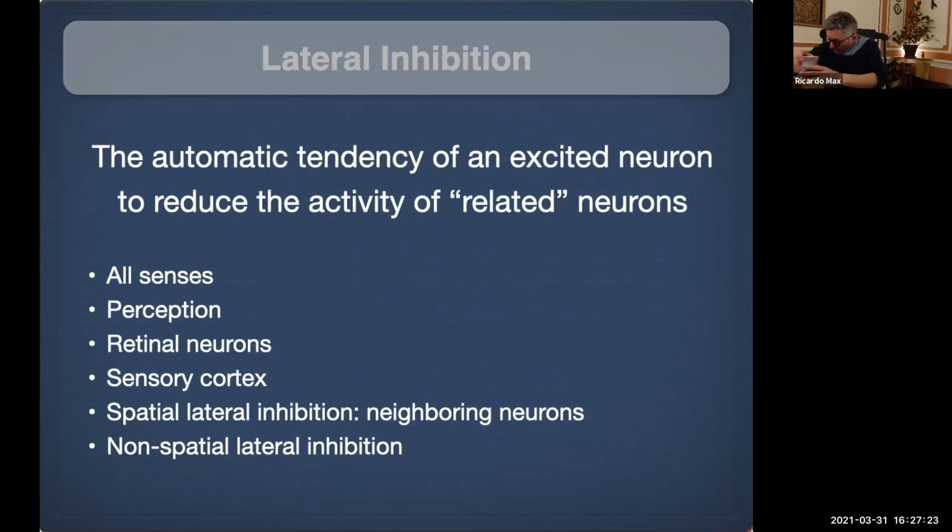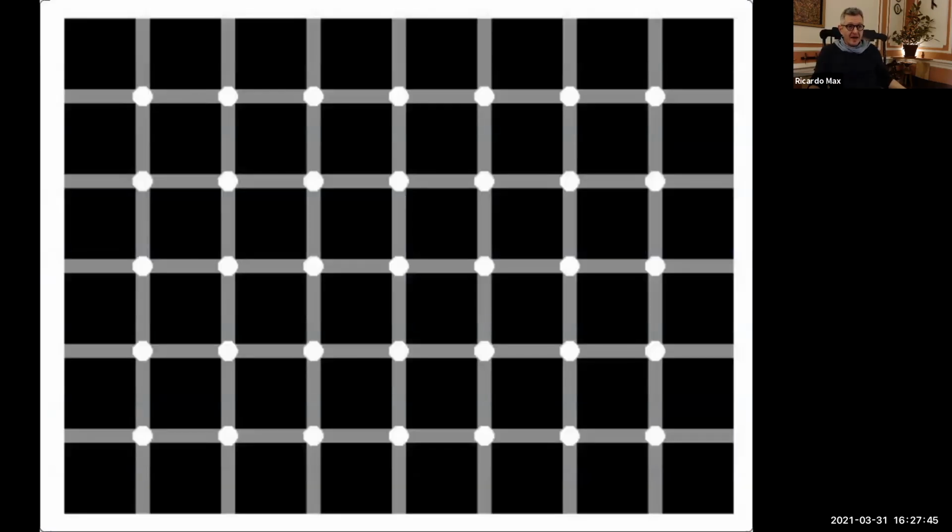It happens all along, in different ways, along the process, the pathway of perception. It can be based on spatial organization, but it can also not be. We'll see soon.